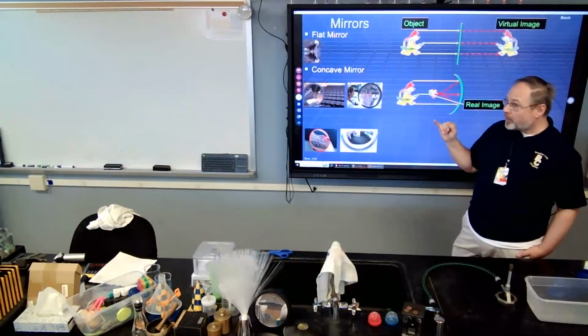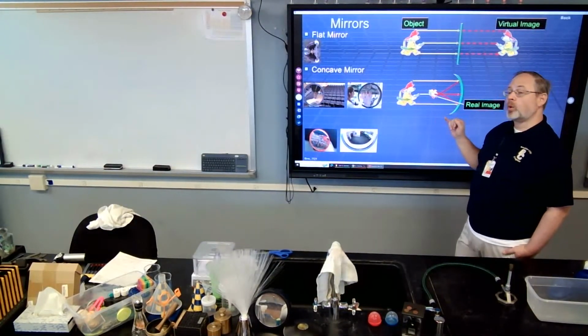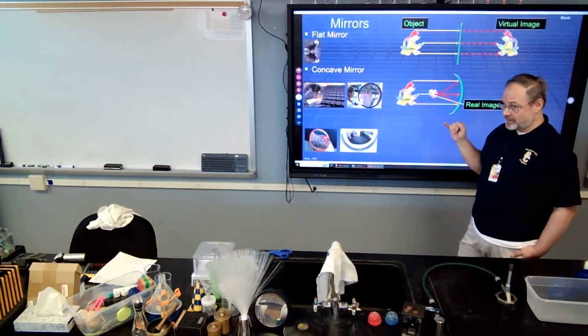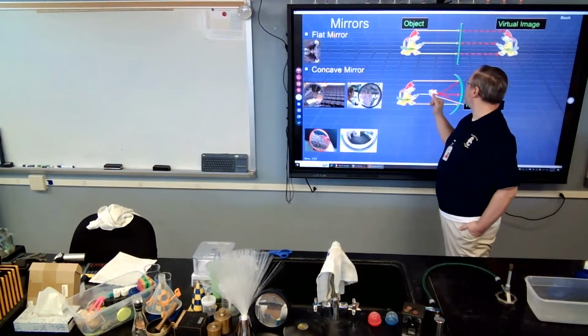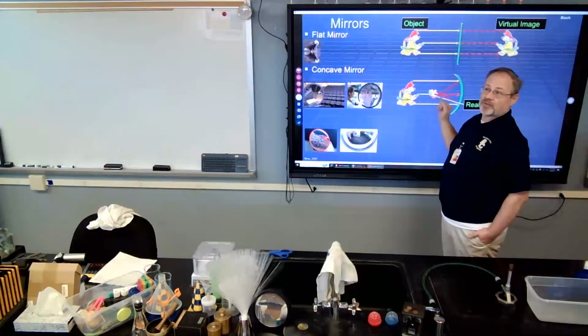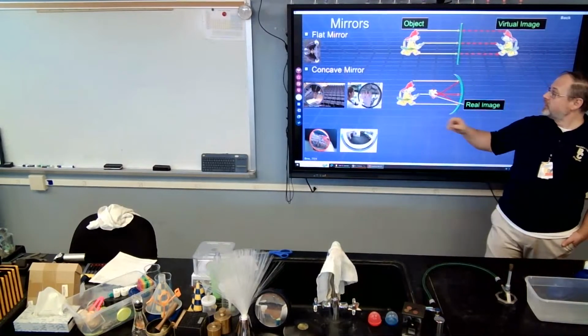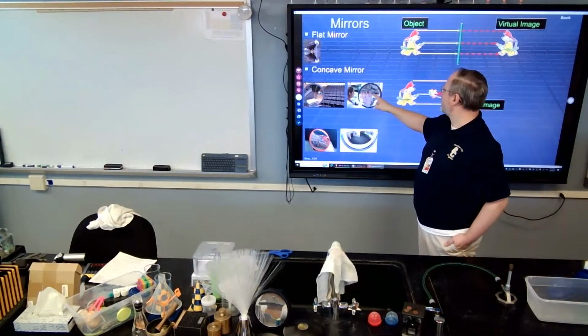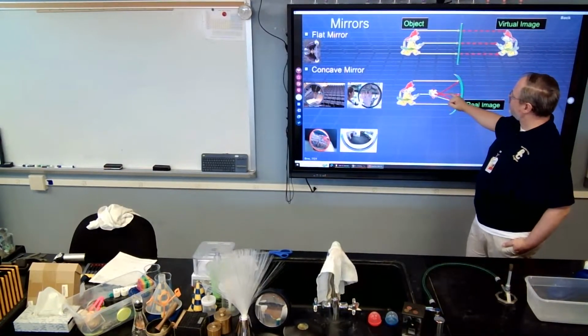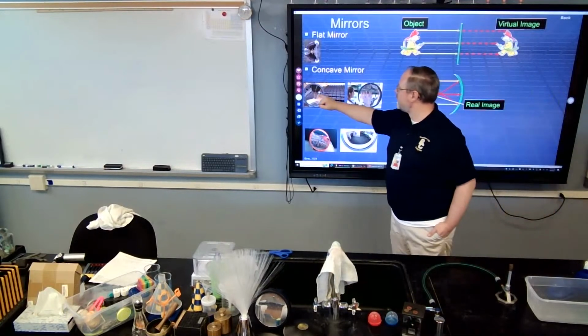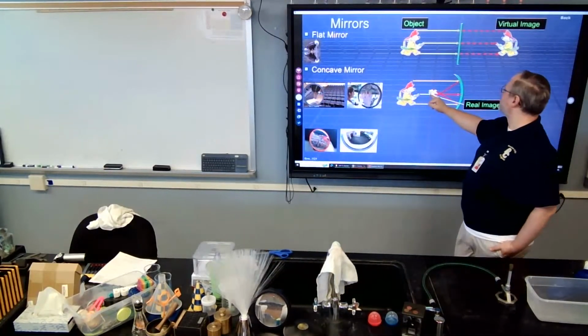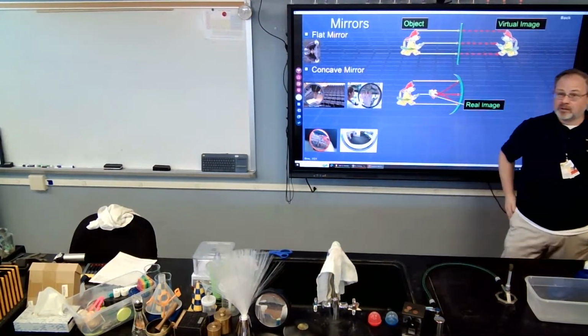Whether it's upright or inverted depends on whether you view it beyond the focal point or inside the focal point. In this case, she's viewing her hand inside the focal point, so it's upright. And in this case, he's viewing himself outside the focal point, so he is inverted.